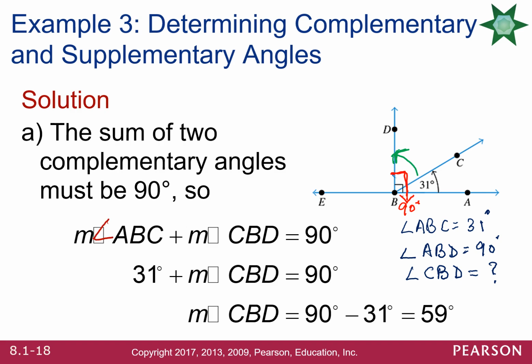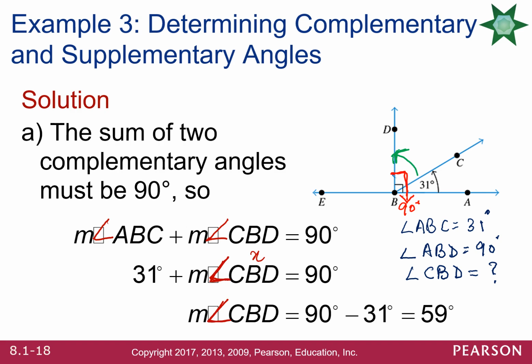All right, measure of angle ABC plus measure of angle CBD equals 90 degrees. Then they replace the value of ABC, which is known as 31 degrees, and the measure of angle CBD, the unknown angle, X, equals 90 degrees, right? And then the measure of angle CBD is calculated by solving for X, as in any simple equation.